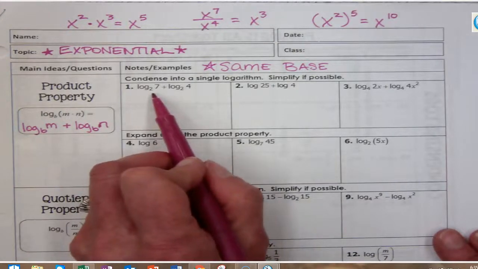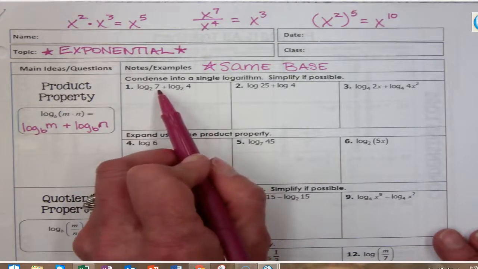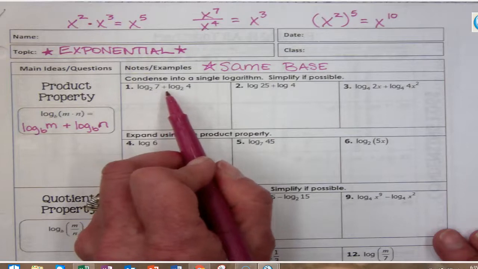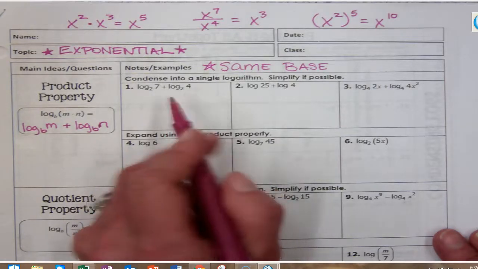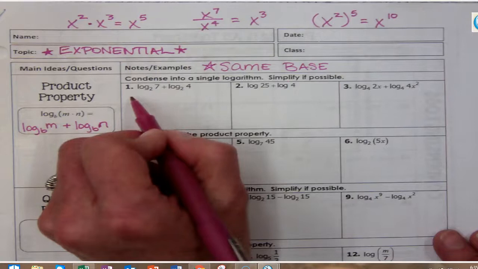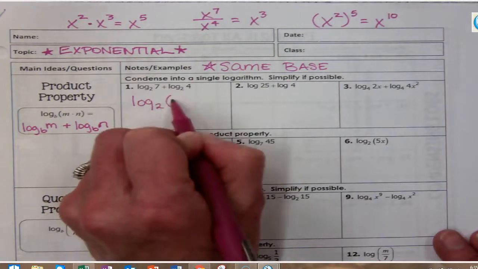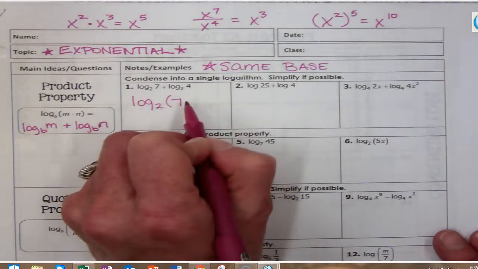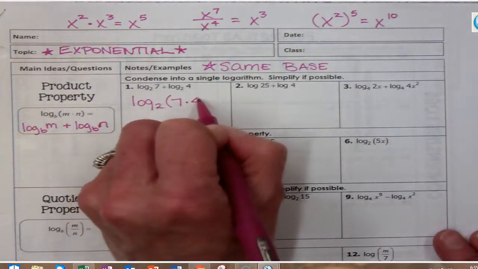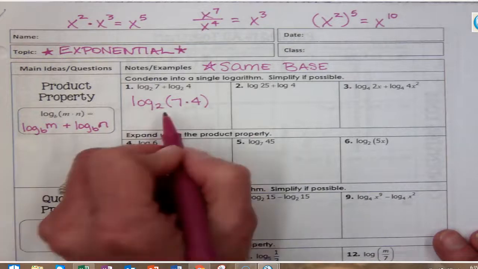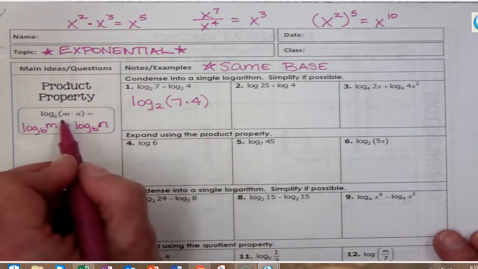So if I've got log base 2 of 7 plus log base 2 of 4, that's going to be log base 2 of 7 times 4. I'm multiplying these, right? That's what it's telling you.